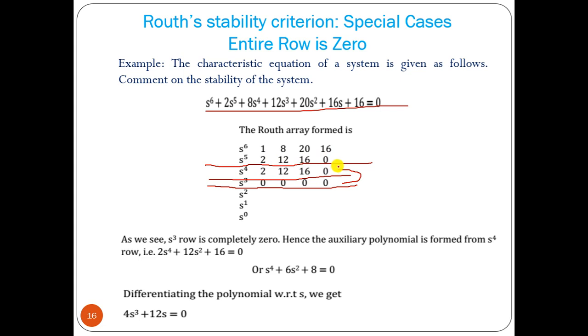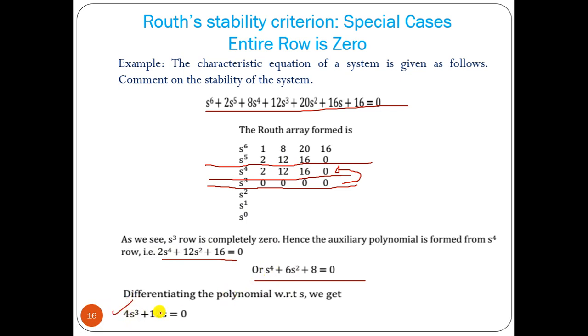So we have to find the auxiliary polynomial from the previous row: 2s^4 plus 12s^2 plus 16. Okay, so that is your auxiliary polynomial. We can divide it by 2, so we can get this one. From that we can find dP/ds, that is 4s^3 plus 12s.